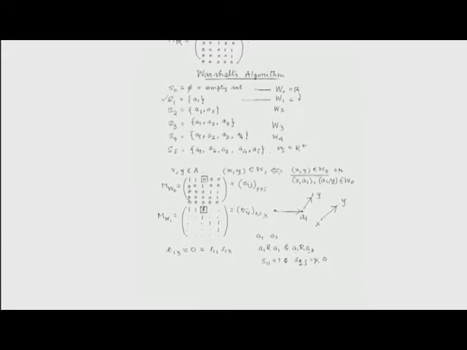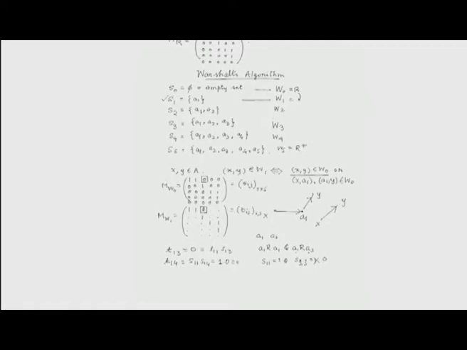Therefore, I will put 0 over here, and if I go on like this, I will get 0 in the other places as well. If we consider T 1 4, according to my rule I only have to check S 1 1 and S 1 4. S 1 1 is 1, but S 1 4 is 0.